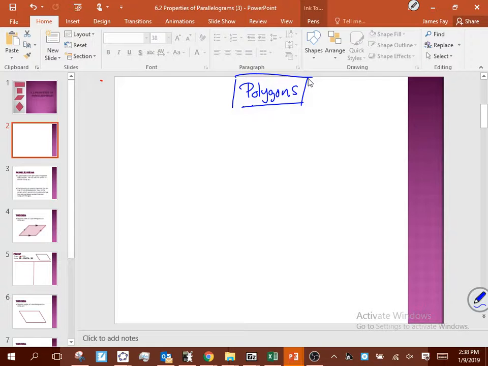The first shape that we found was a triangle, or the first polygon we found was a triangle. And we learned a lot about triangles. So Euclidean geometry is an investigation of those undefined terms to create polygons. And of those polygons, we get triangles.